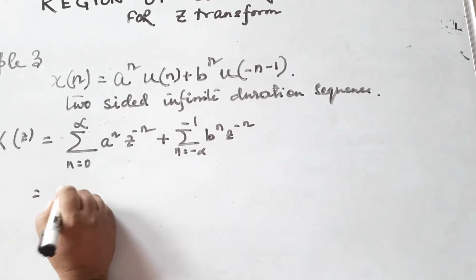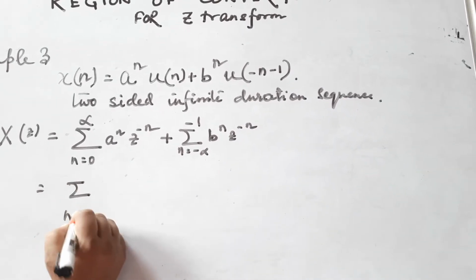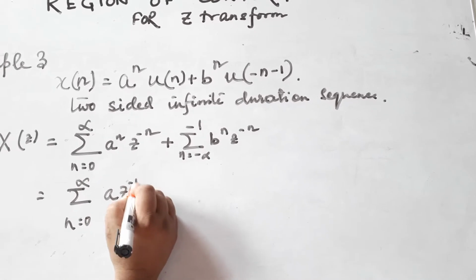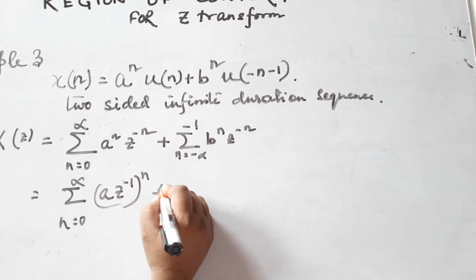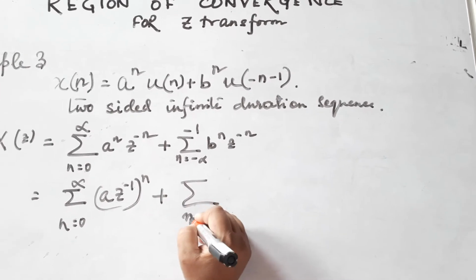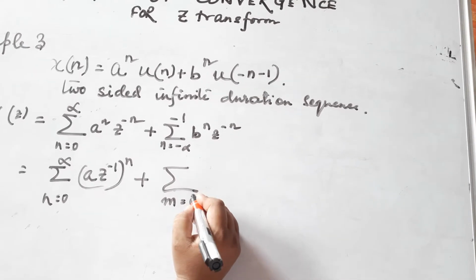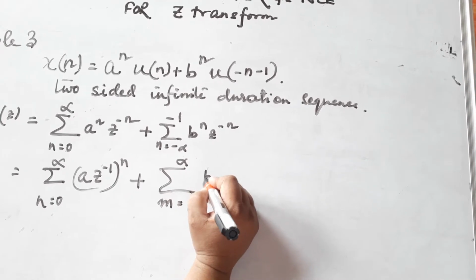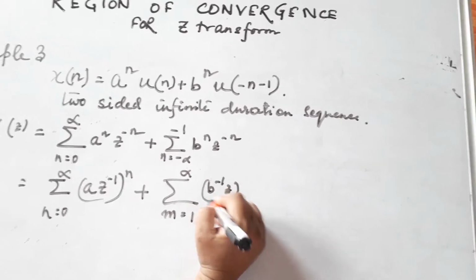So it is equal to summation of n equal to 0 to infinity (a z to the power minus 1) to the power n plus summation of m equal to 1 to infinity (b to the power minus 1 z) to the power m.